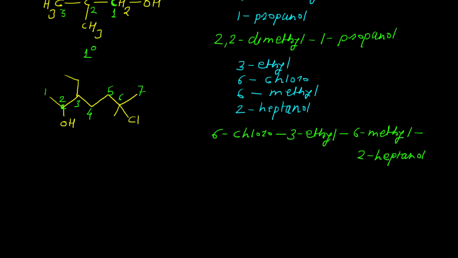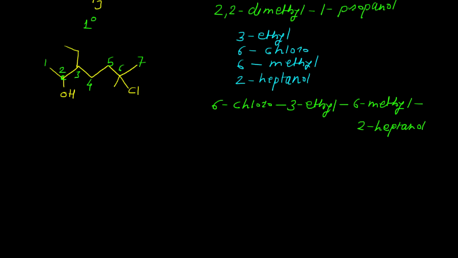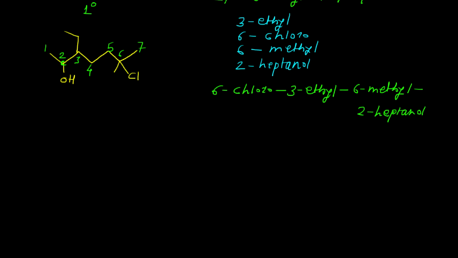Now if a compound contains cyclic rings, for that also we can give the IUPAC name. So let me draw the structure. If we have the cyclic ring like this, we can put the OH over there. Now here you can write the numbering starting from that carbon where the OH group is present. So this will become 1, 2, 3, 4, 5 and 6.